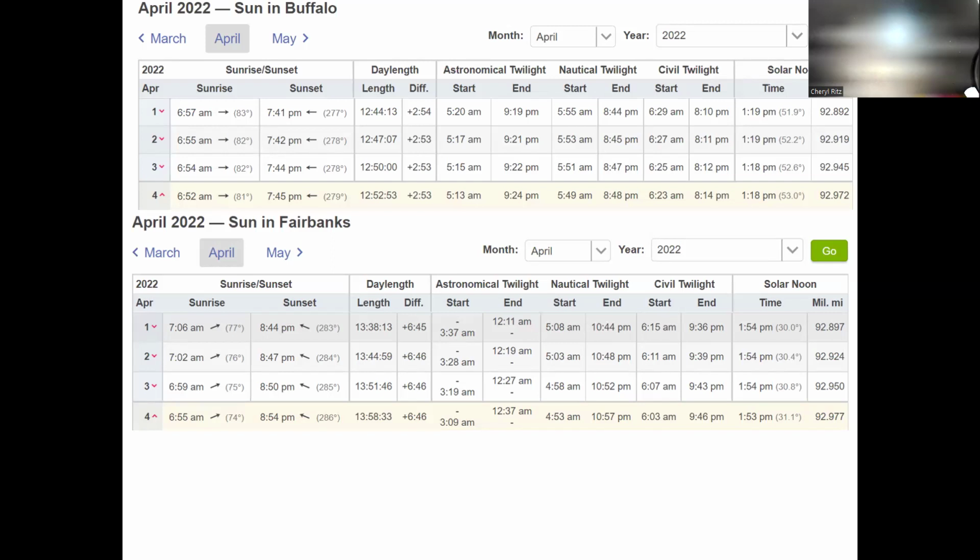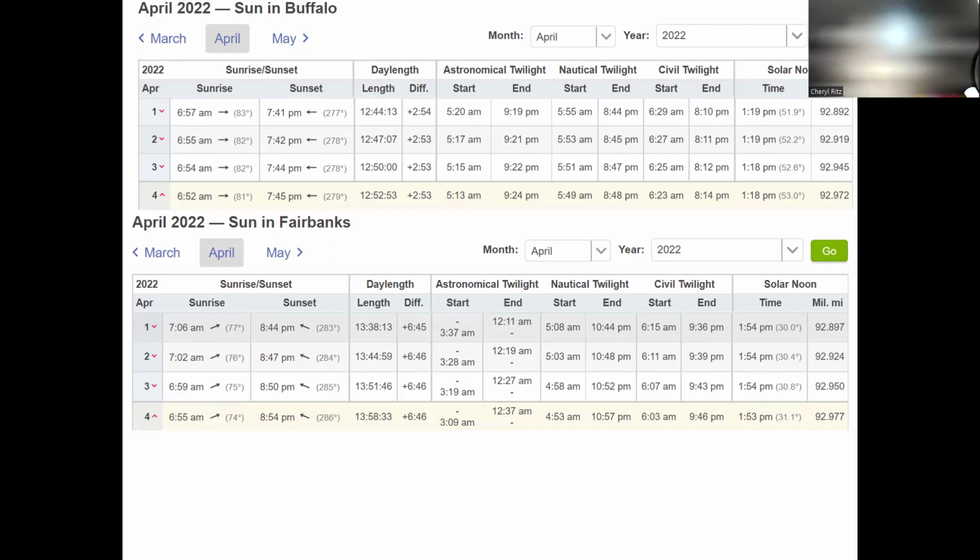That's a decent chunk of time, a little more than 12 hours of daylight. In Alaska though, on April 1st, the sun was rising at 7:06 their time and setting at 8:44. They already this month have a little bit less than an hour more of daylight than us in Alaska.